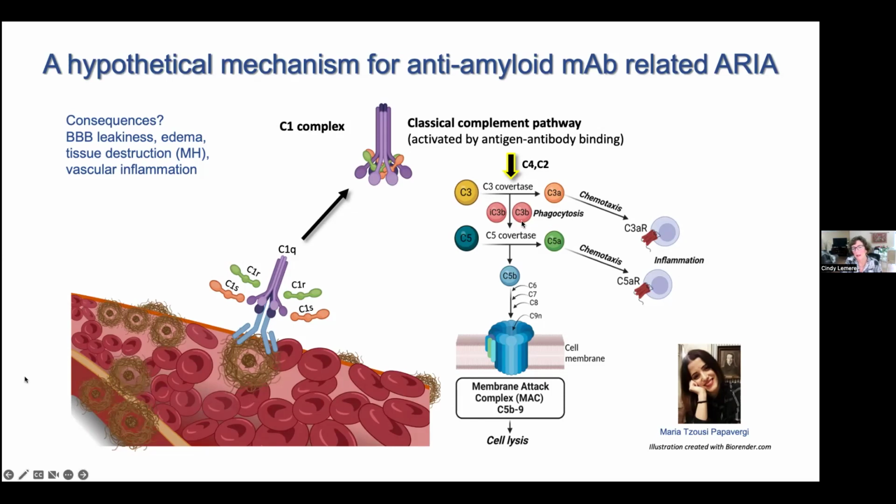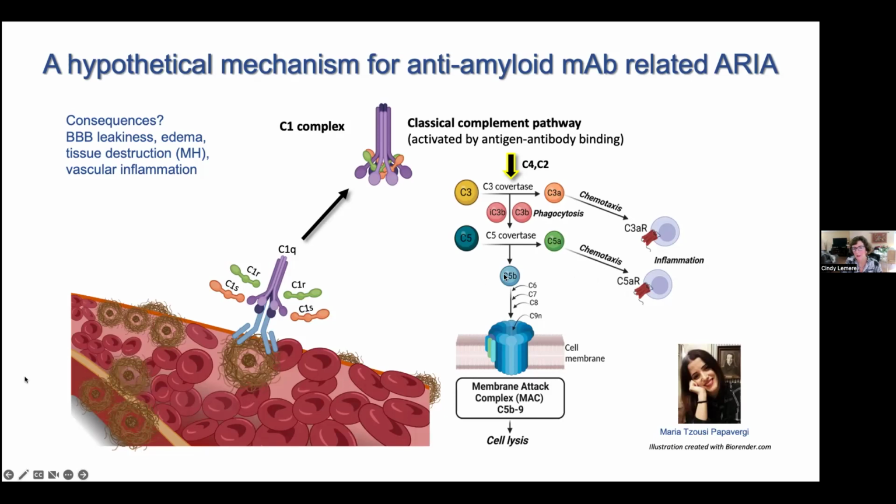Then C3 convertase combines with C3b to form C5 convertase, and C5a is generated. And again, like C3a, C5a binds C5aR. There are 2 versions, 1 and 2. 1 is pro-inflammatory, 2 is anti-inflammatory. But it binds and causes, again, recruitment of immune cells and inflammation.